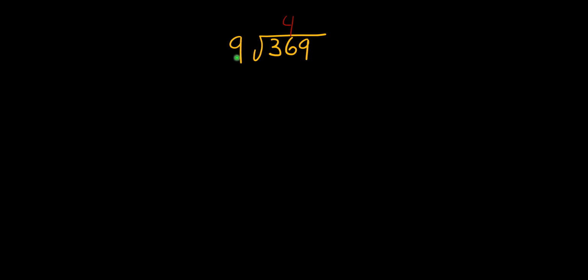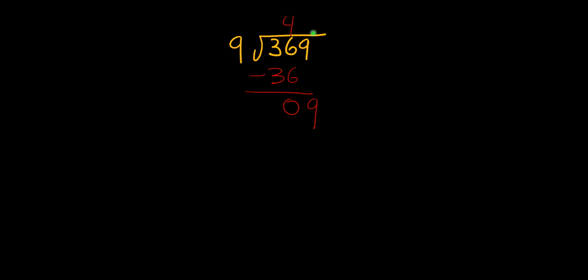So now we say 9 times 4 is 36. I'm going to write 36 there. 36 minus 36 is going to be 0. And we're going to bring our 9 straight down. So now we have 9 divided by 9. Or in other words, 9 times what would give you 9?